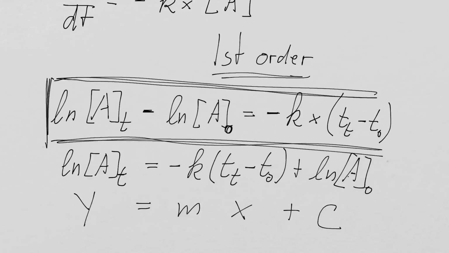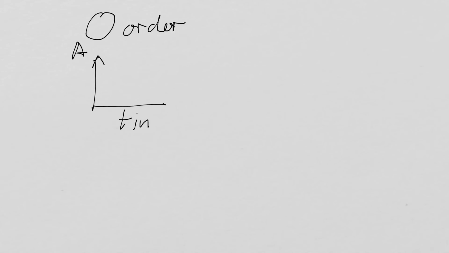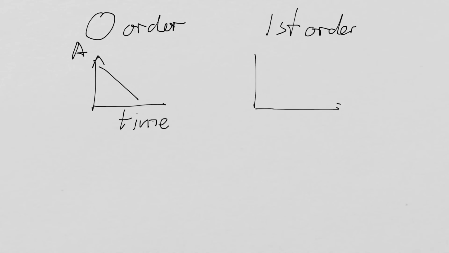So what do we have to plot this time? Remember, when we had our 0 order, we plotted A over time and got a straight line. For the first order, if we plot A over time, we get a curve.